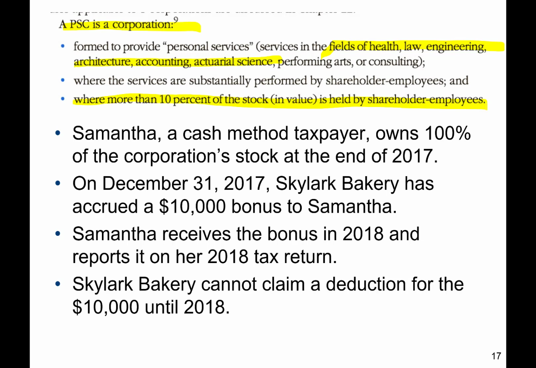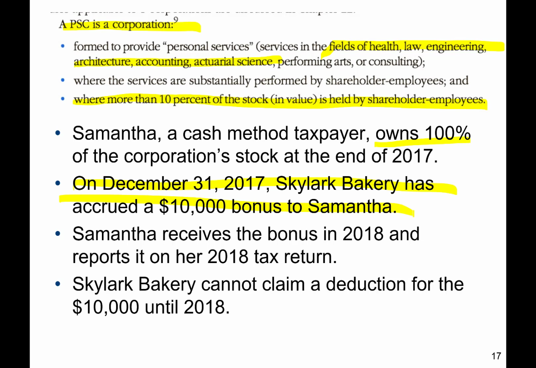But just let's look at this. Samantha, a cash method taxpayer, owns 100% of the corporation's stock at the end of 2017. I guess we're assuming this is not a personal service corporation because they bothered to call out the percentage, right? And so that makes it that she has obviously more than 50%. On December 31st, 2017, Skylark Bakery has accrued a $10,000 bonus to Samantha.